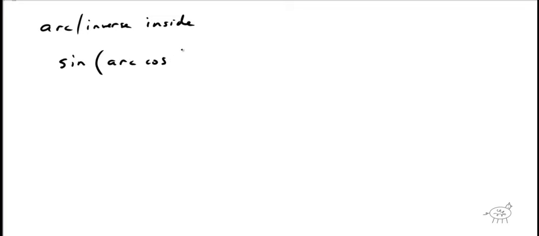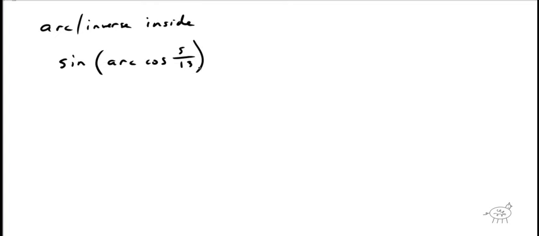So let me start out here, math fans, with our first case. Our first case is going to be where the arc, or the inverse, is inside. This is what I mean by this. I'll say the sine of the arc cosine of 5 over 13. Now I know some of you guys are going, what?